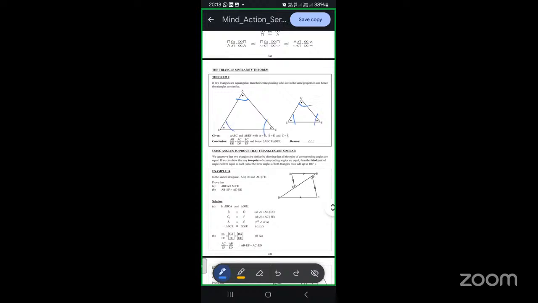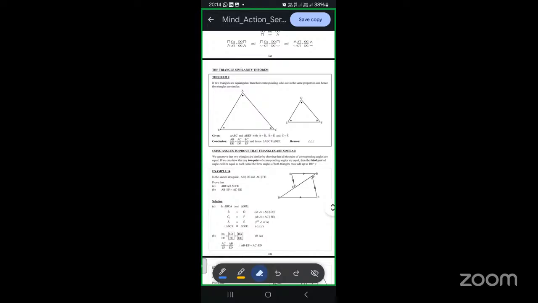Now they are saying if two triangles are equiangular, then their corresponding sides are in the same proportion, and hence the triangles are similar. Does it make sense?